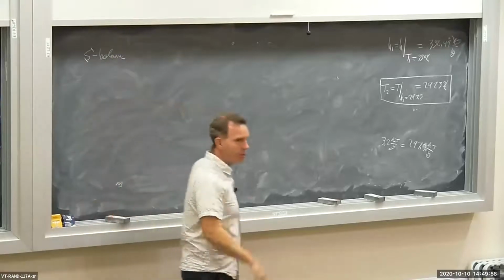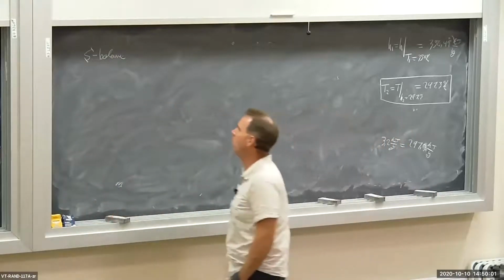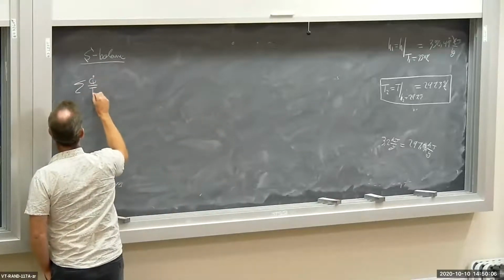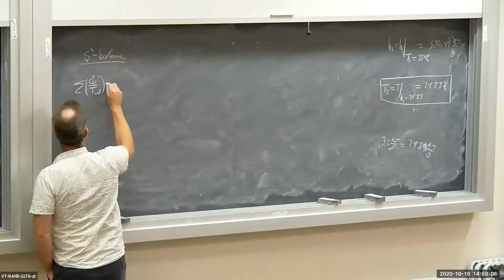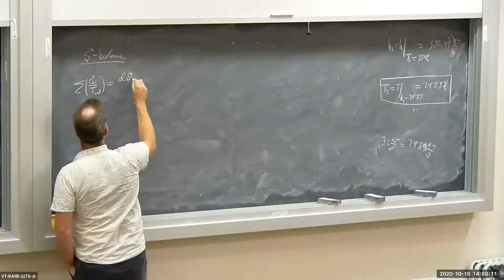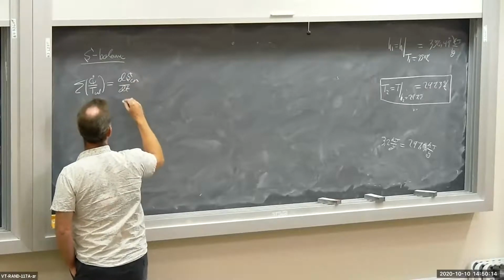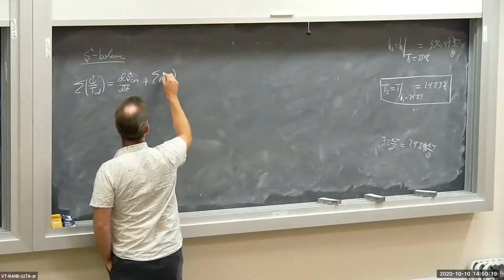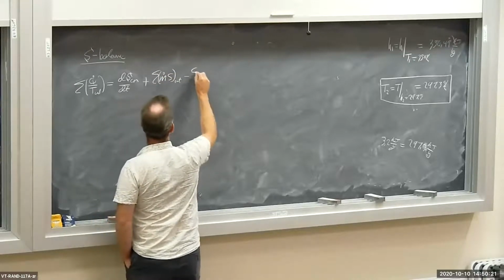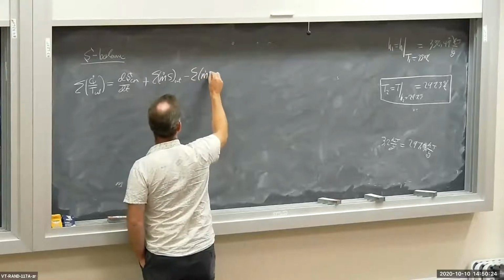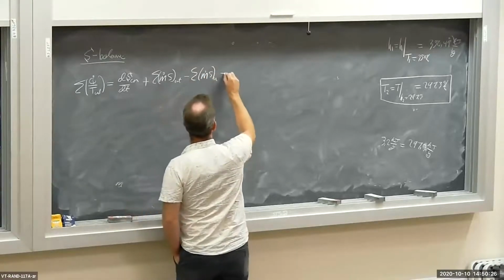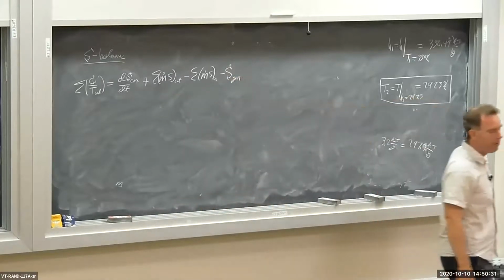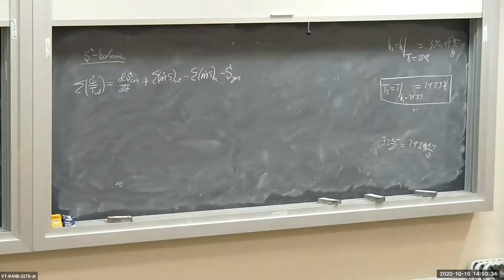This nozzle is an open system, so I need to write the open system entropy balance. The sum of Q dot over T interaction equals the time rate of change in S within my control volume, plus the sum of m dot s out minus the sum of m dot s in, minus S dot generated within my control volume, i.e. the nozzle.